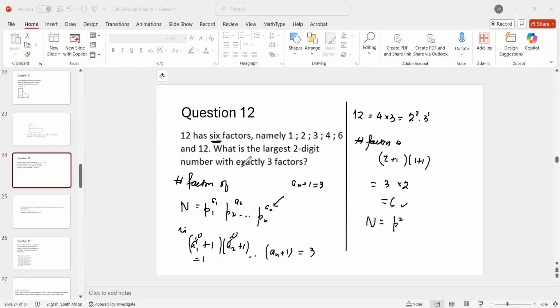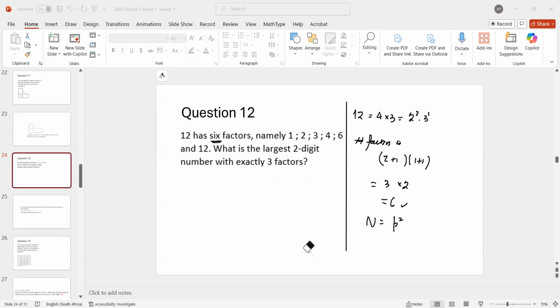What is the largest two-digit number which has got 3 factors? It must be a square of a prime. So if you want to know what are the squares of primes, n will have to be a square of a prime. So what will it be?